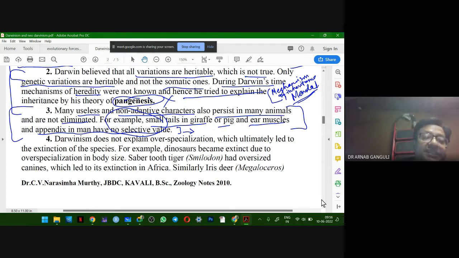Okay, the next criticism is that Darwinism does not explain over-specialization, which ultimately leads to extinction of species. For example, dinosaurs became extinct due to over-specialization in body size.